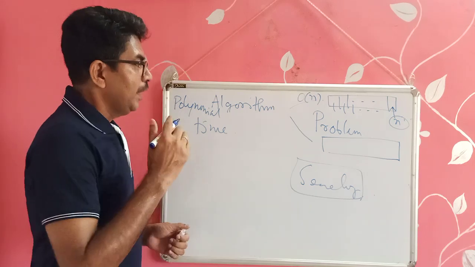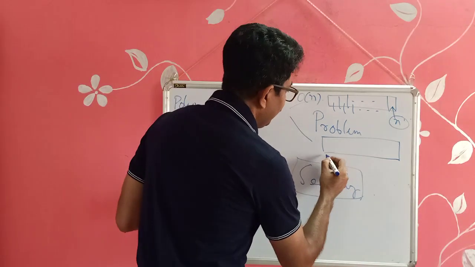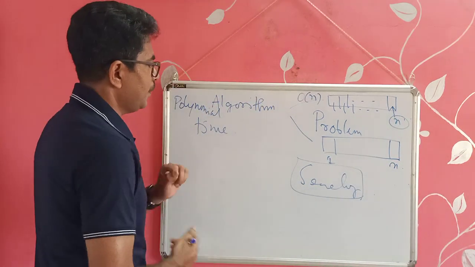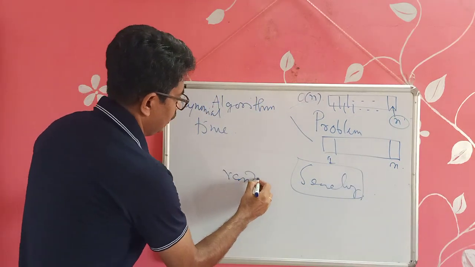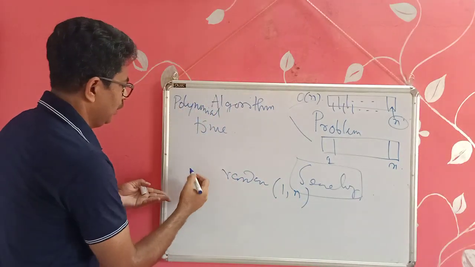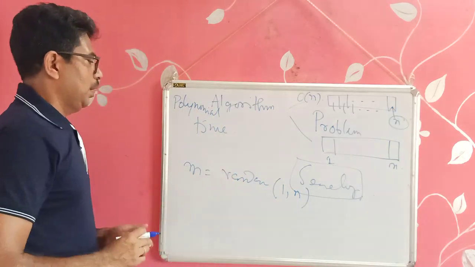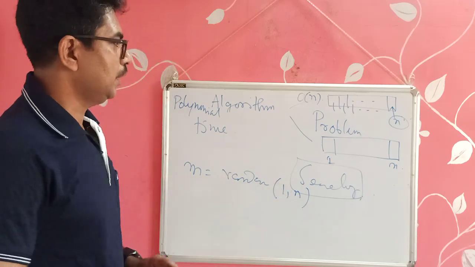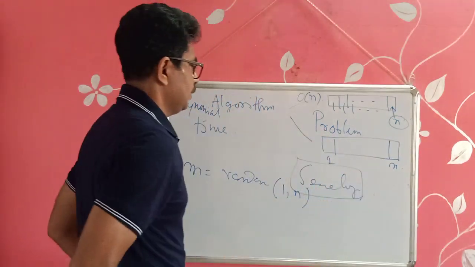Let the first index be 1 and the last index be n. If we randomly select a value m within the range 1 to n, any value within this range.